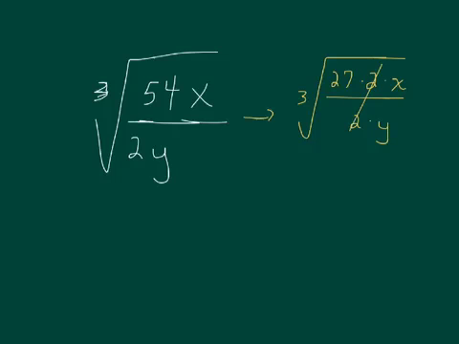The 2's cancel. What's the cube root of 27? Yeah, 3. That comes out front. And we're left with the cube root of x over y.